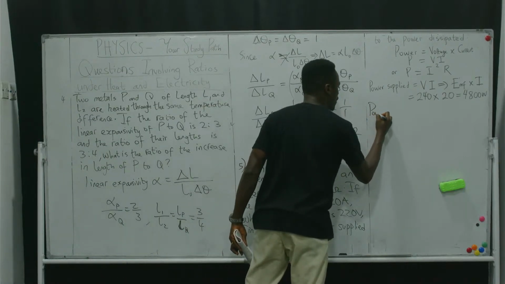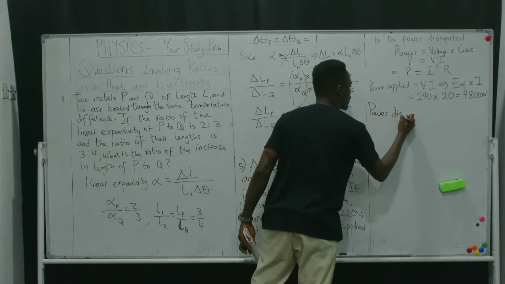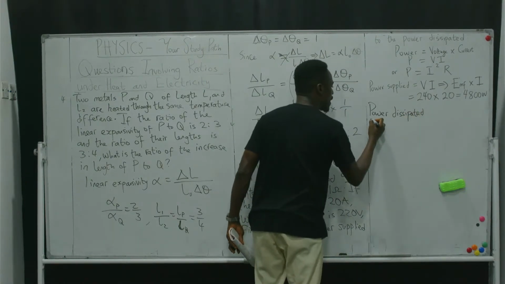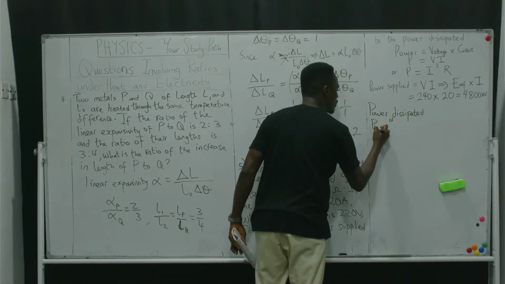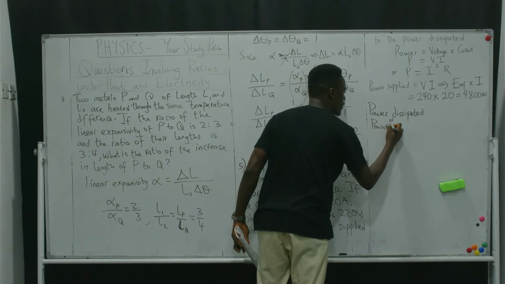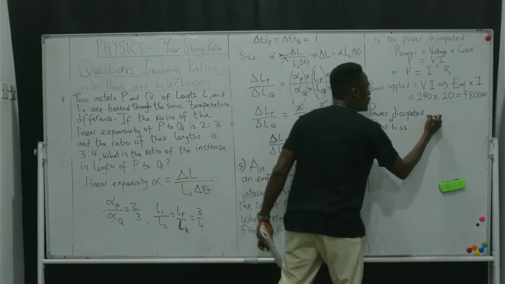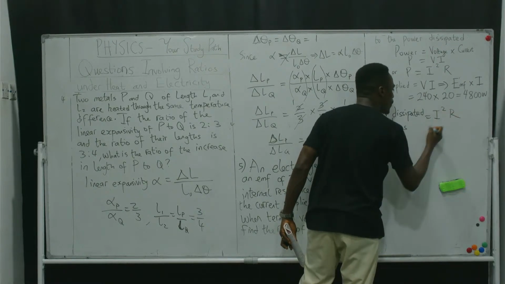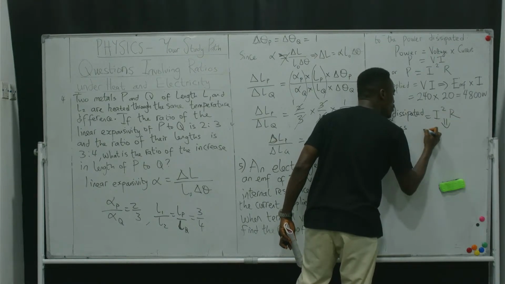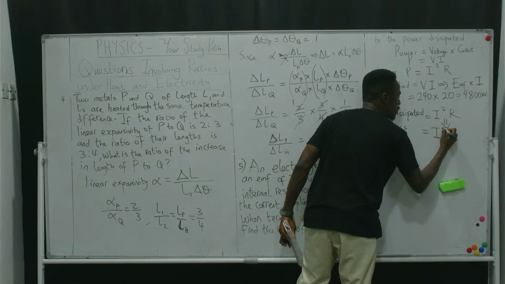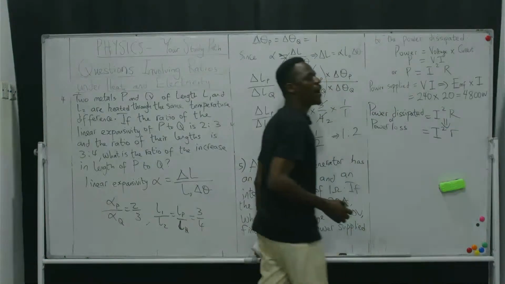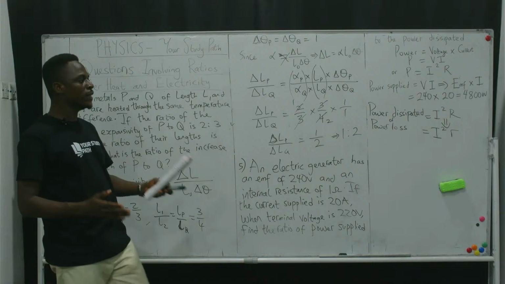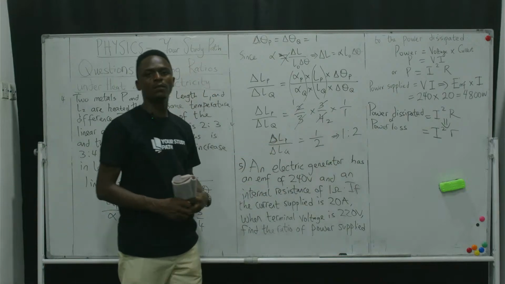Power dissipated, also known as power loss, becomes equal to, we said I square R. But in this case, it becomes I square small letter r, because internal resistance is representing the wasted power.